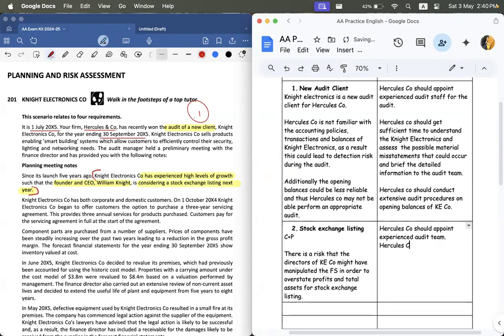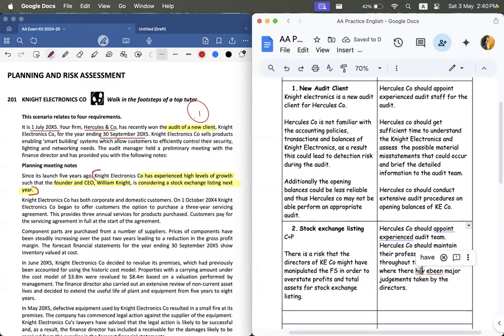Hercules company should maintain their professional skepticism throughout the audit, especially where there have been major judgments taken by the directors. Full stop.